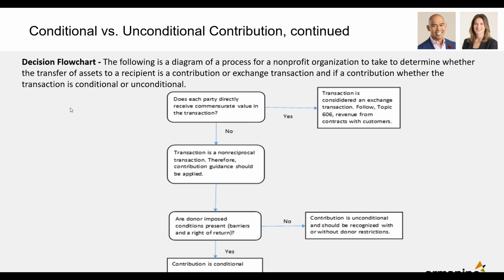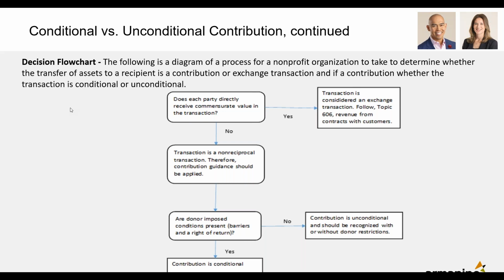So we've got a couple of other questions here. The first one is whether or not, if it's believed by the nonprofit that it can deliver on the terms of the award, then is it not a barrier?